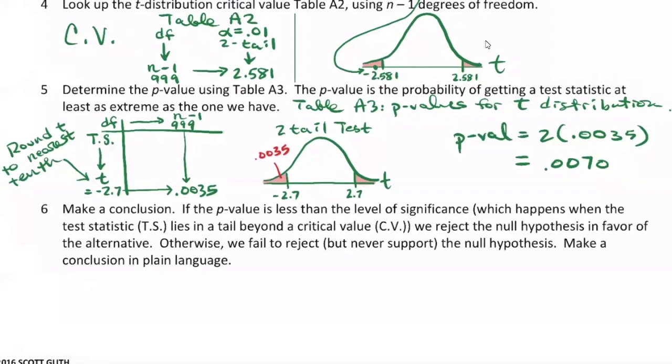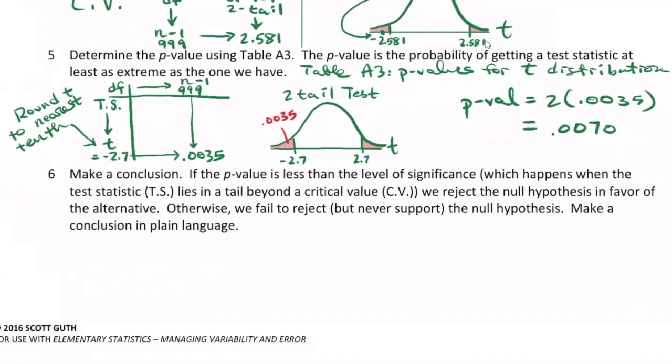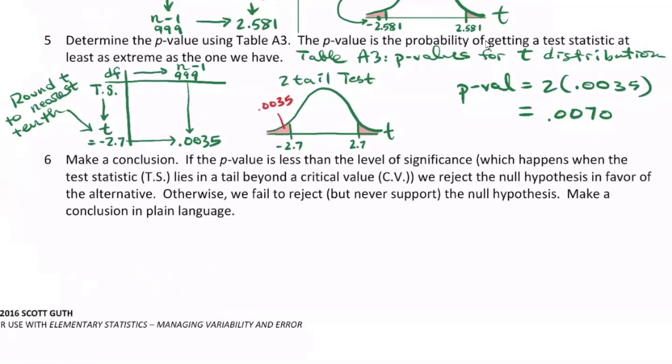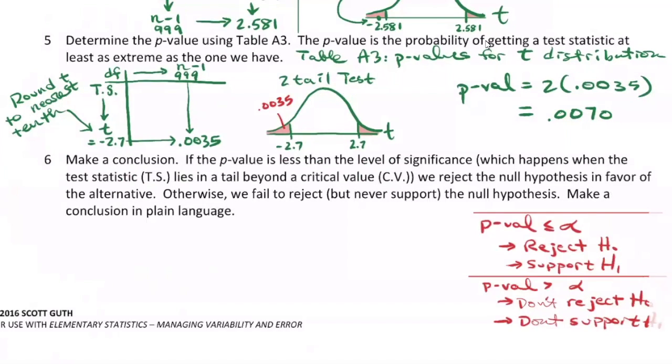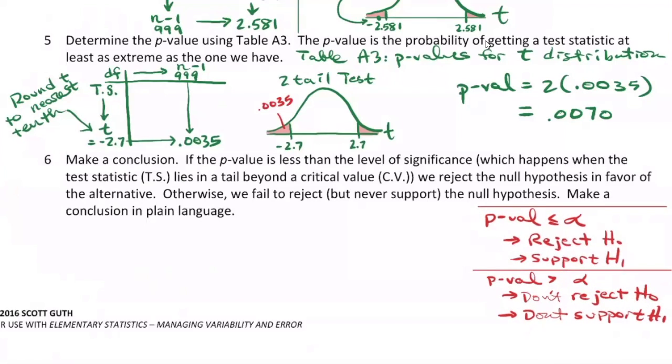Okay, and then the conclusions are the same as before. Let's see if I can just paste that back in there. There it is. If the p-value is less than or equal to alpha, you reject the null hypothesis and support the alternative. So after doubling it, the p-value is 0.0070, which is less than, I think it's 0.01.